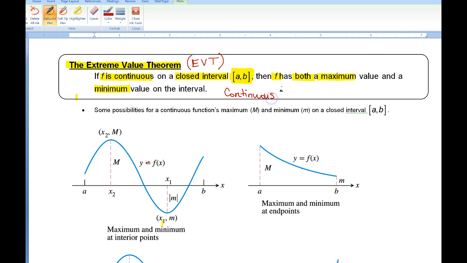So kind of like continuous and closed interval implies that you have a maximum and a minimum. That's basically what that's saying.